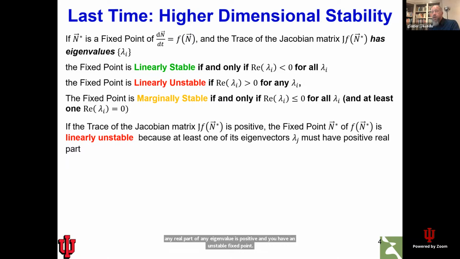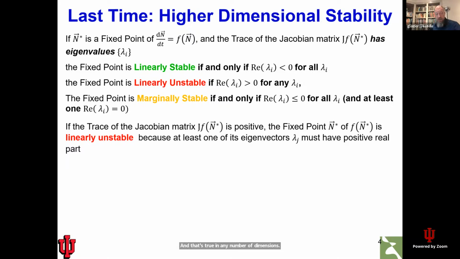If the real part of all of the eigenvalues is negative or zero, then you have a marginally stable fixed point. So if you have any zero real component of the eigenvalues, you have a marginally stable fixed point if the others are negative. And that's true in any number of dimensions.